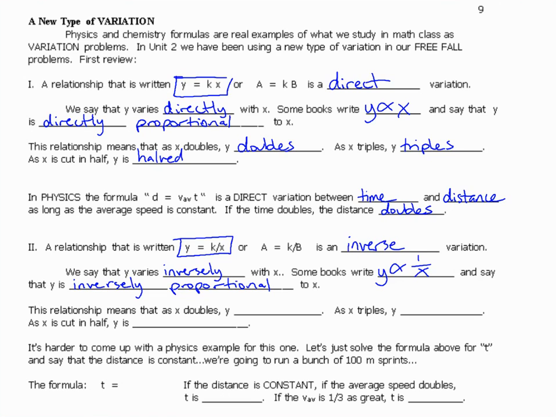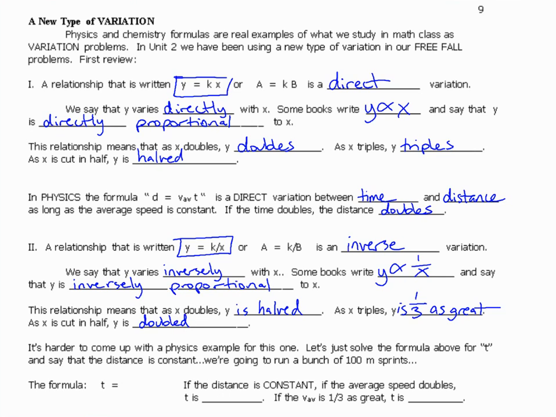This relationship means that as x doubles, y is halved. As x triples, y is 1/3 as great. As x is cut in half, y is doubled.